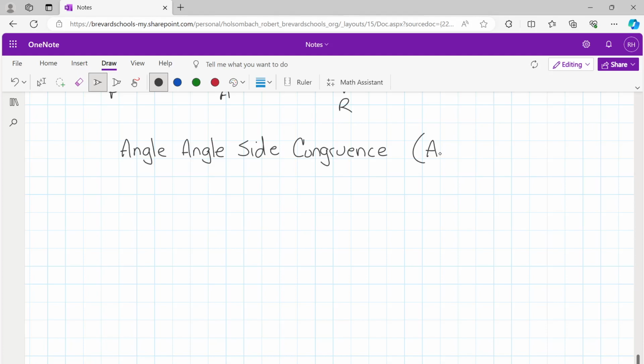And angle, angle, side. In the last postulate, the S was in between the two congruent angles. The side was between the two congruent angles. Now the side is by itself. So we go angle, angle, side congruence.